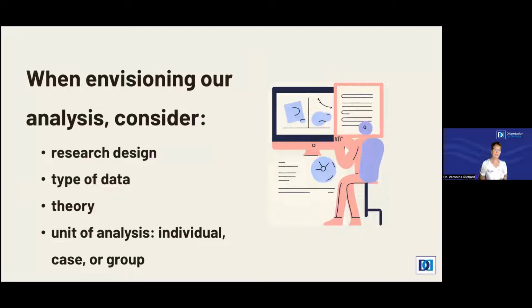So when we envision our analysis processes, again, I keep bringing up the importance of the research design. Let me just pause on this for a moment. If I'm conducting a multiple case study, then I'm looking at one case and one case only before I go into the other case and analyze that case, because I want to stay in the specific context of that first case.